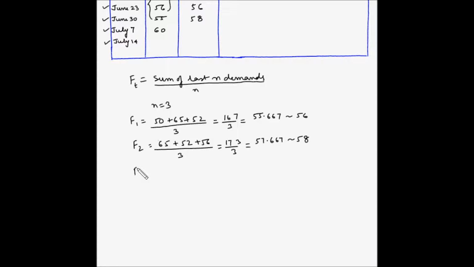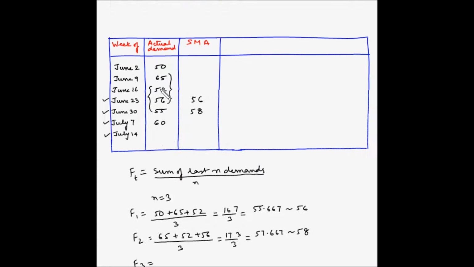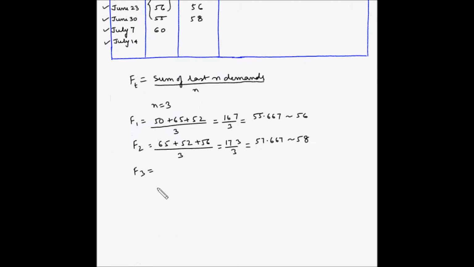So F3 is equal to 52 plus 56 plus 55 divided by 3, and this is equal to 5 plus 6, 11, plus 2, 13, 1 carryover, 5 plus 5, 10, plus 5, 15, plus 1, 16, divided by 3. So this is equal to 54.33. We'll round it up to 54.